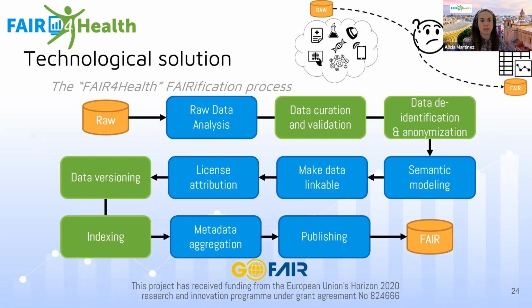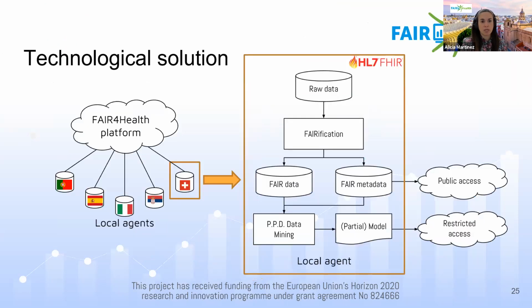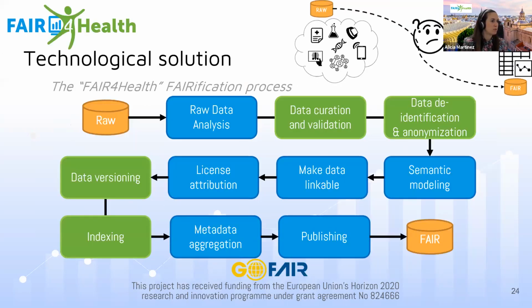Based on this verification process, we created our own, taking into account technical barriers, ethical implications, and the legal frameworks. In the diagram, the blue steps are based on the GO FAIR process, and the green step has been defined by the FAIR4Health project.